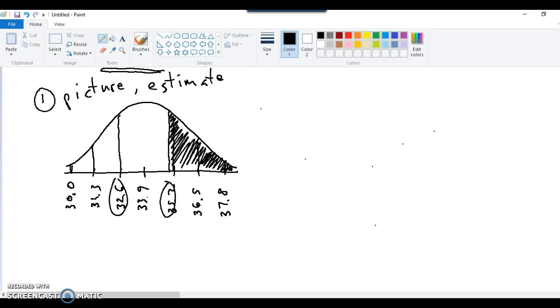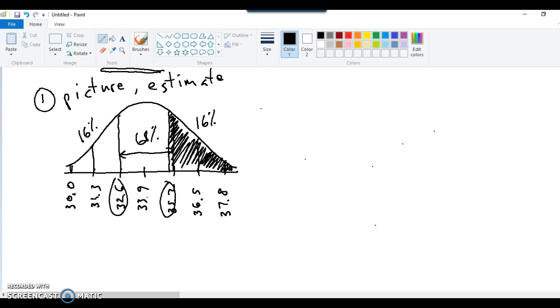According to the 68-95-99.7 rule, if I just round this to 1 standard deviation real quick, then 68% of the babies have a head circumference within 1 standard deviation, leaving you with 16% below 1 standard deviation and 16% above 1 standard deviation.